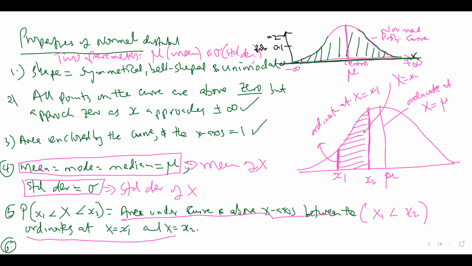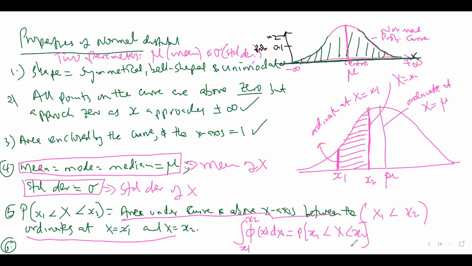So that's the area. So if you were to use calculus, we'll just be doing the integral from x is equal to x1 to x is equal to x2 of that function that we saw on Google with respect to x. This is the probability that x lies between x1 and x2.